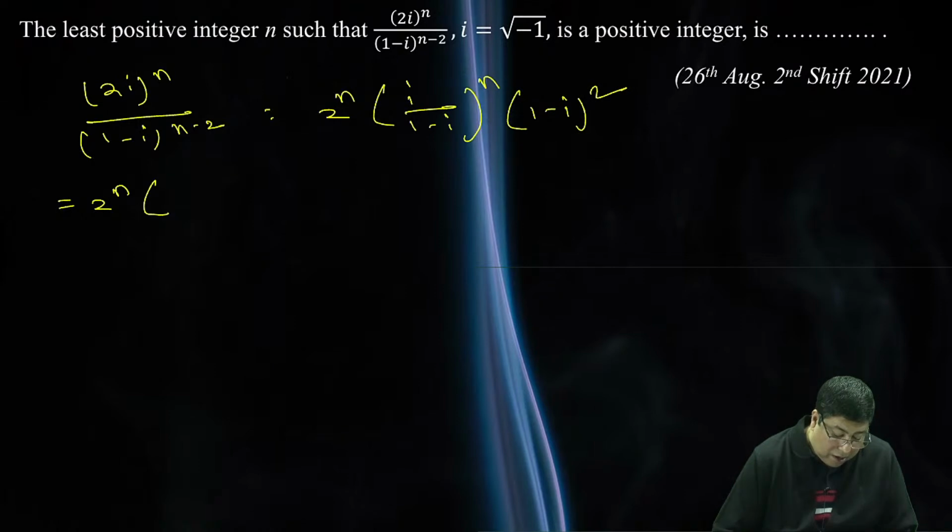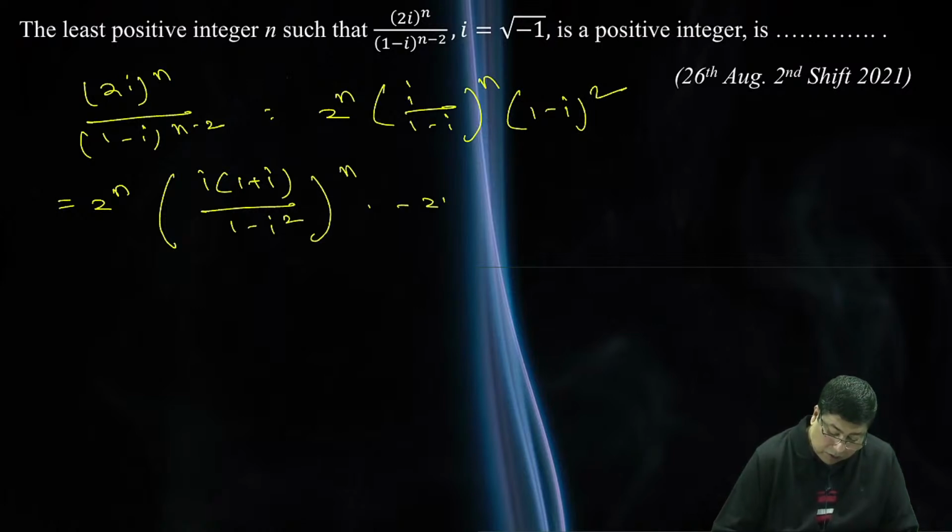So, we are getting here 2^n, and if we rationalize, i(1 + i) divided by (1 - i²), whole to the power n, into -2i.